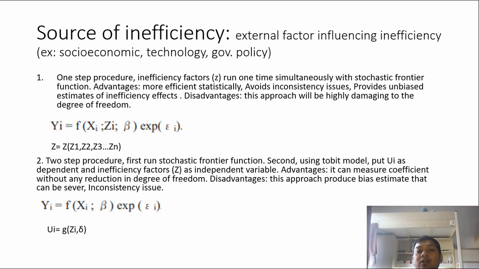But the disadvantage is this procedure produces biased estimates and can have severe inconsistency issues. The output is a function of the input, and then the resulting efficiency will be run using the Tobit model here.